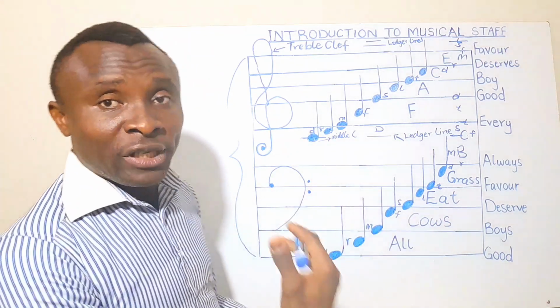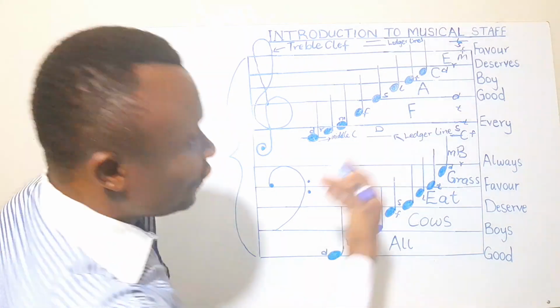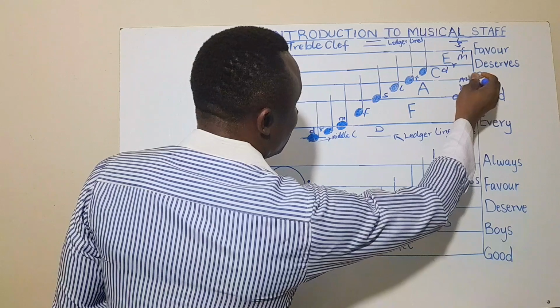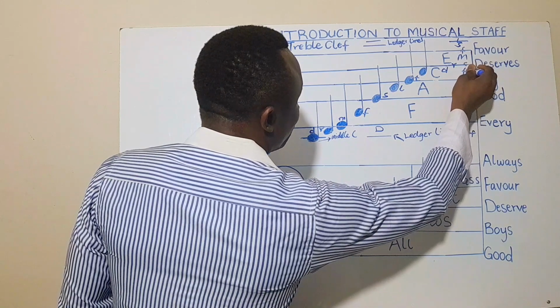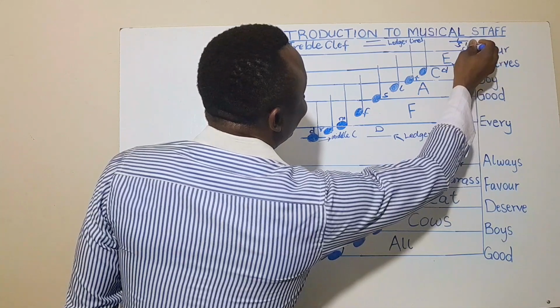But in terms of running the scale, they are just one and the same. If we still continue, do, re, mi, fa, sol, la, si, do.